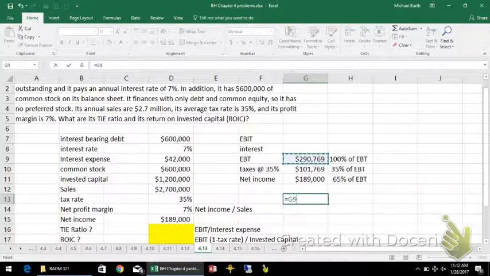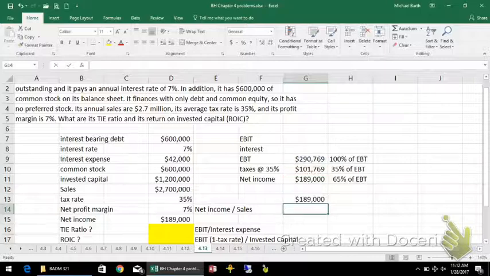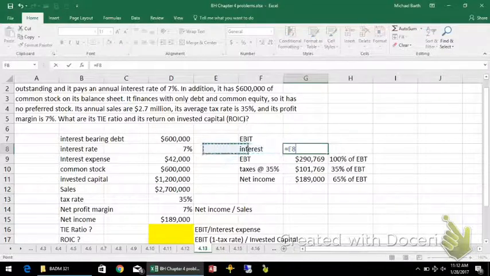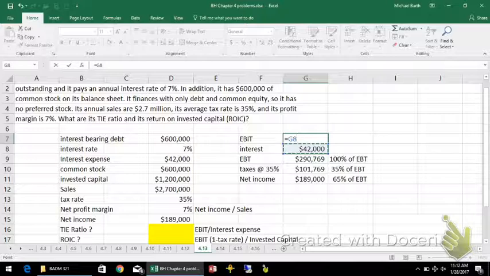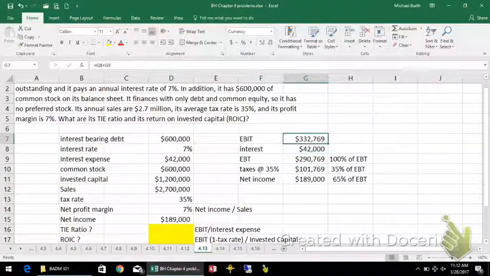The $290,769 minus the $101,769 gives me $189,000. I must have done it right. I know that the interest expense is $42,000. I calculated that. So add the interest expense back to taxable income, and I'll have earnings before interest and taxes.